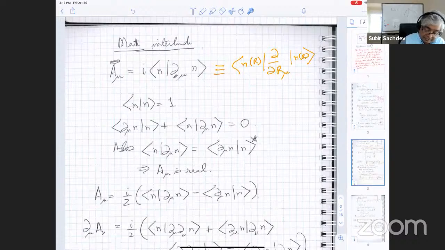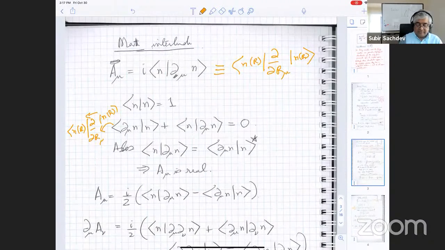So it's normalized to unity, and I take a derivative. And now what this quantity here is the same as n of r, d by dr mu, but acting on the left on that side, times n of r.